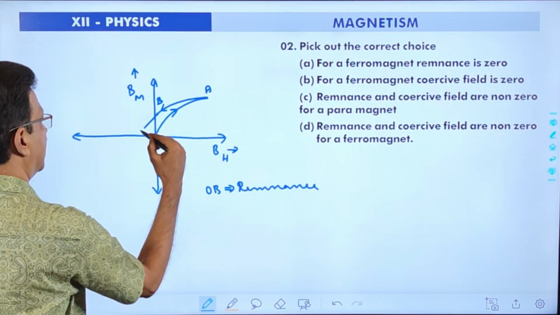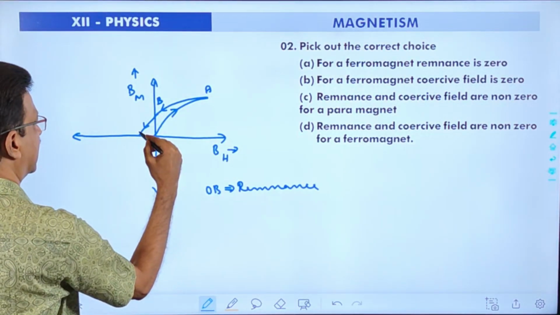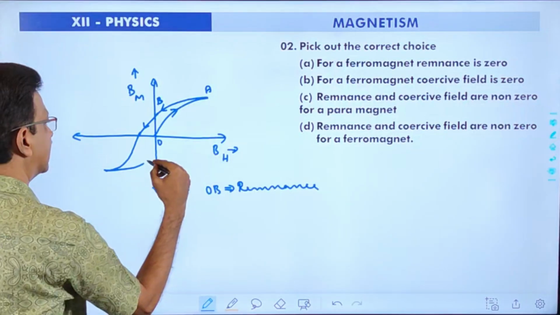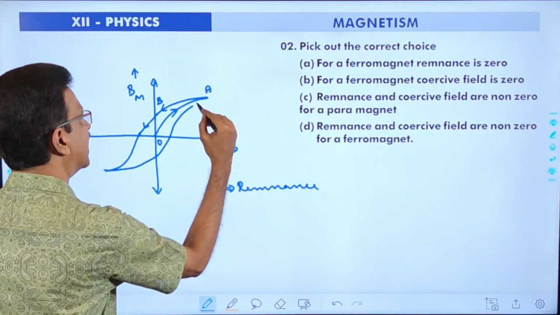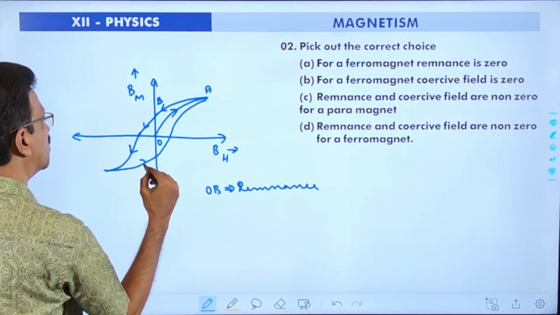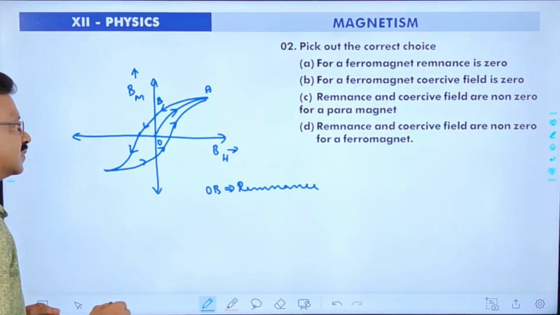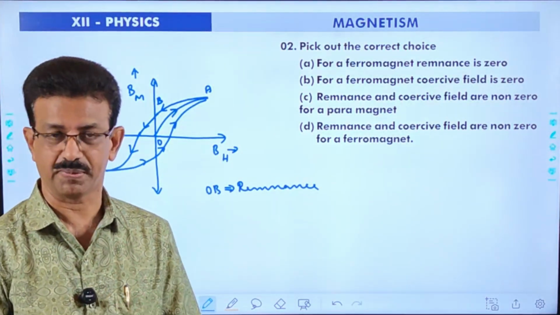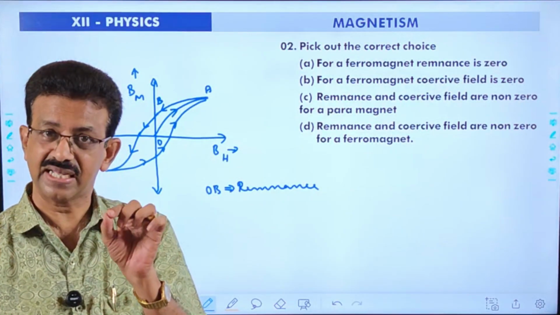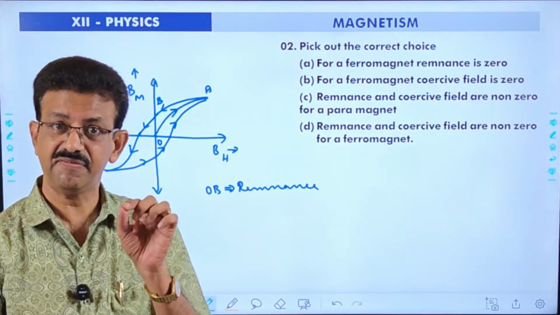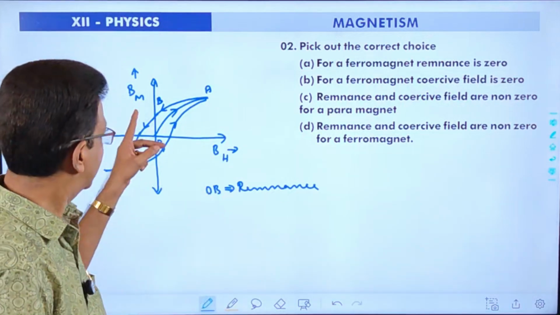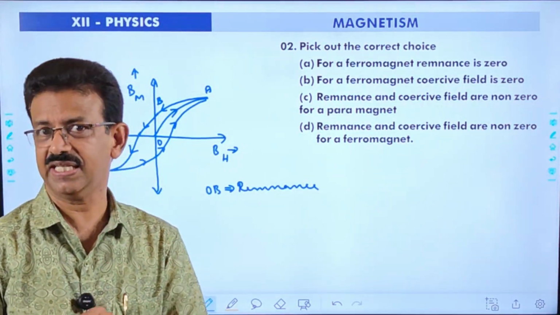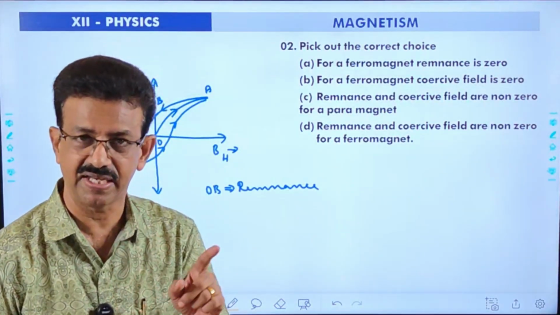Then, in order to demagnetize the material, we have to apply a negative magnetizing field like this. If a negative field is given, the graph comes like this. Once again, if it is reversed, again a saturation. Then, if it is again reversed, finally we get a closed loop. This closed loop is called hysteresis loop. The remaining magnetization even after the withdrawal of the applied field, here OB, is called remnants, and that property of retaining the magnetization is called retentivity.